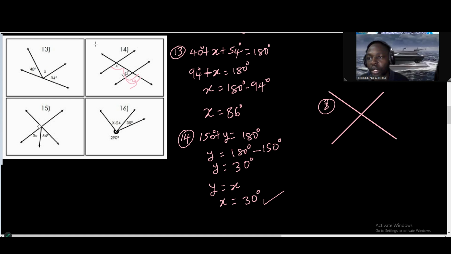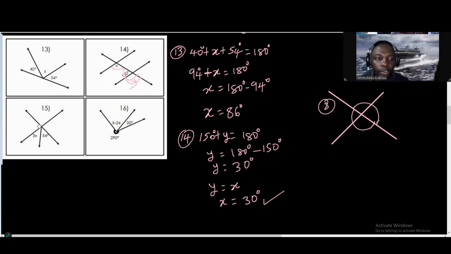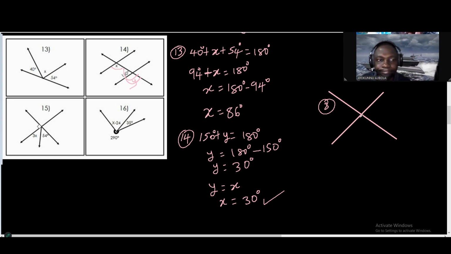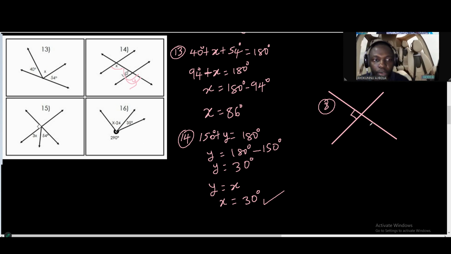So since they are straight lines, we can conclude that this is 180 and this is 180. That means angle at a point is 360. Then we can also conclude this is 180 and this is 180. Now, this has been indicated to be 90 degrees, so this also must be 90 degrees.